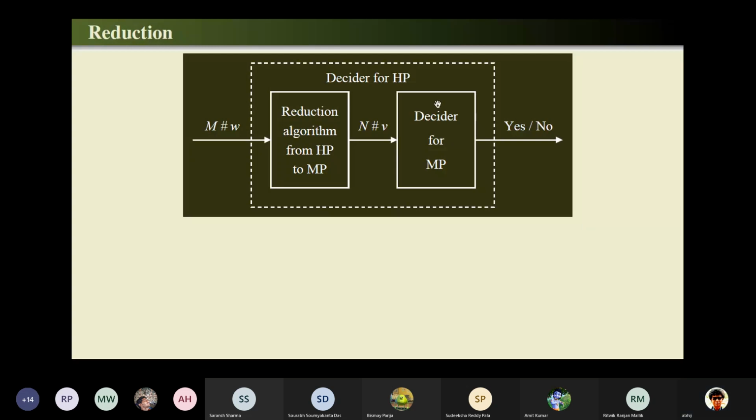Then what I will do, I will use a reduction algorithm that converts an input for the halting problem to an input for the membership problem. So what do I mean by this? It says that this reduction algorithm should ensure that M halts on W if and only if N accepts V.